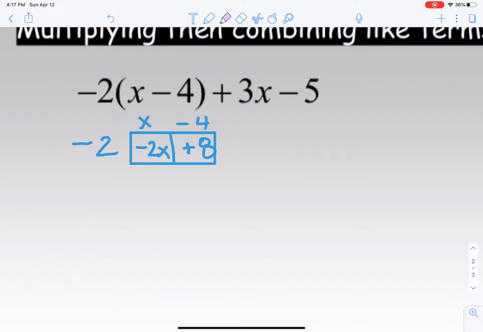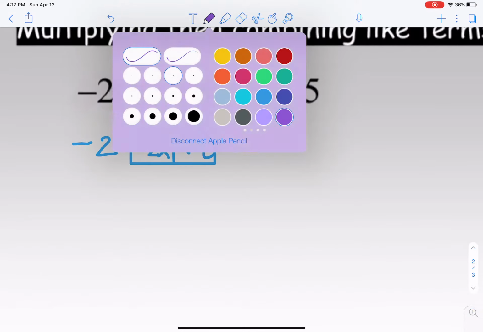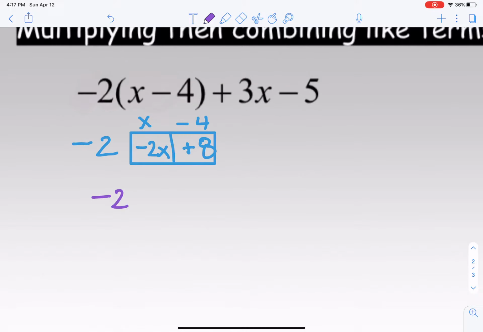So I'm going to replace negative 2 times x minus 4 right here with negative 2x plus 8. So it's going to look like negative 2x plus 8. And then I still have this plus 3x minus 5.